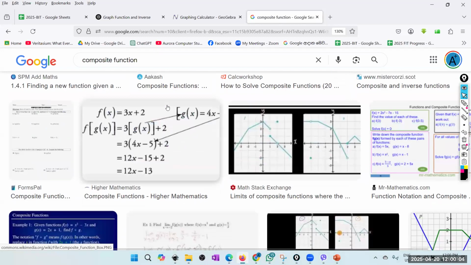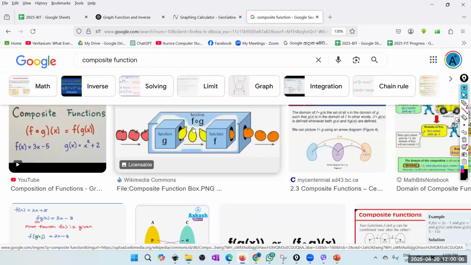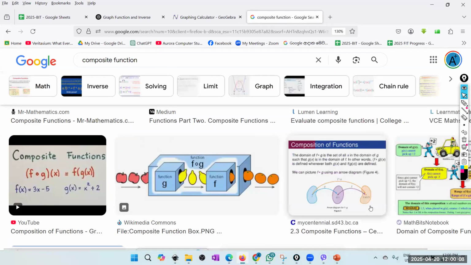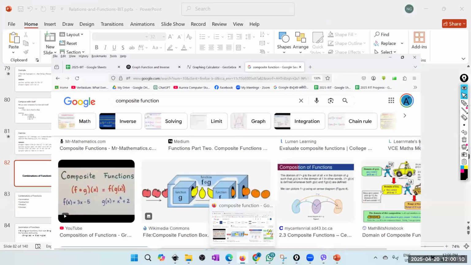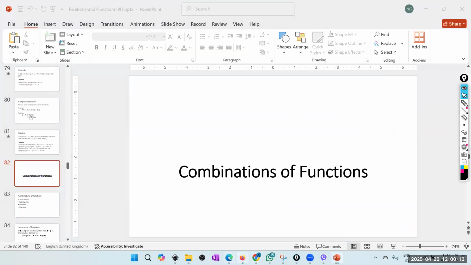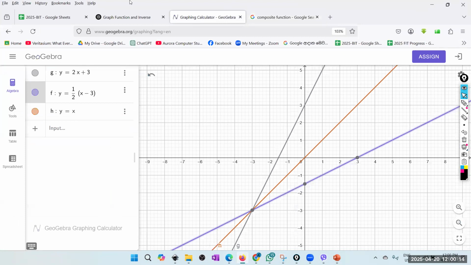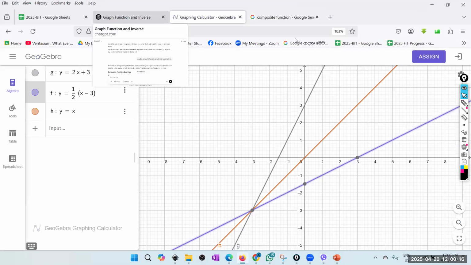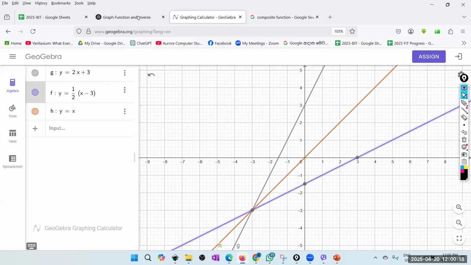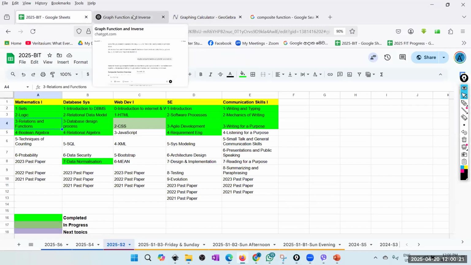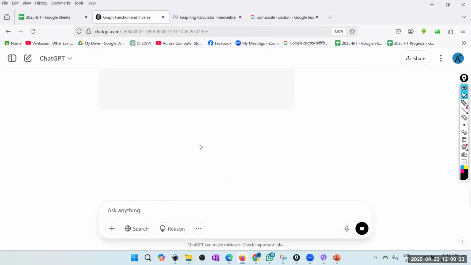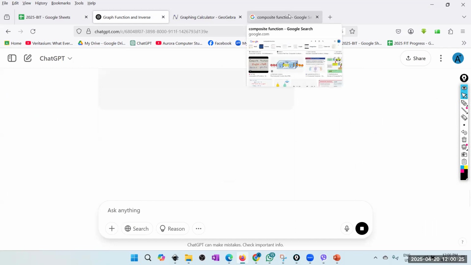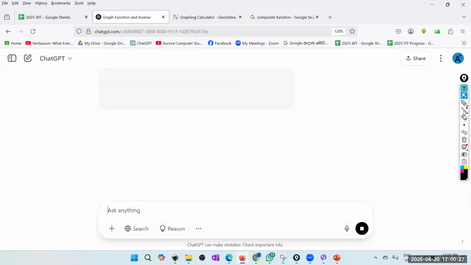Right. So it should be something like this. Right. So let me draw it. So this is my function, first function.